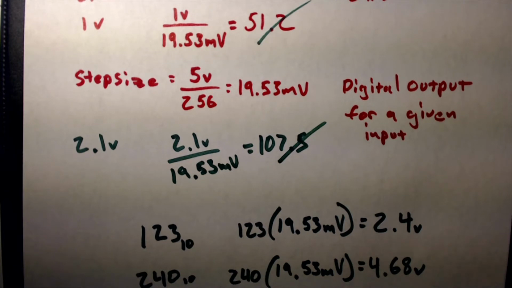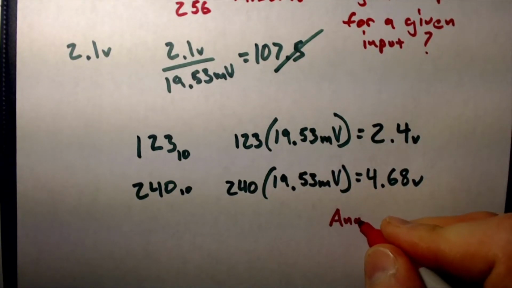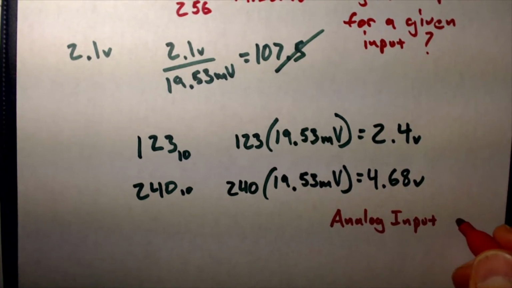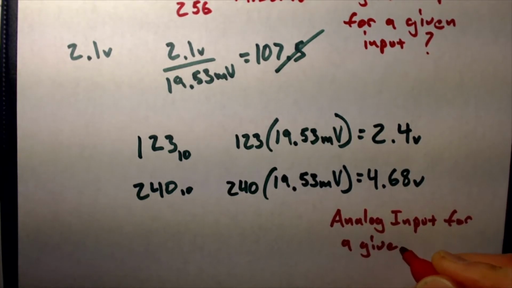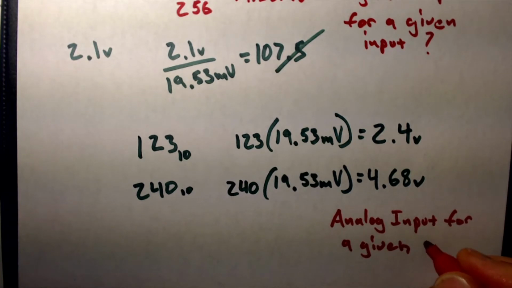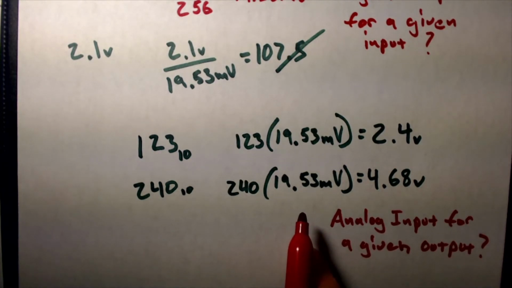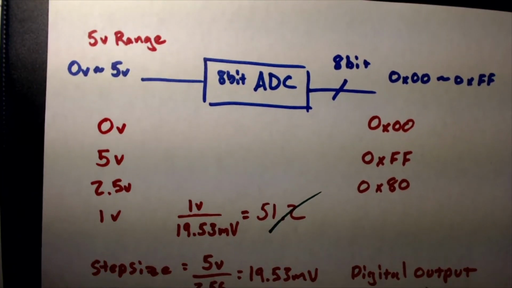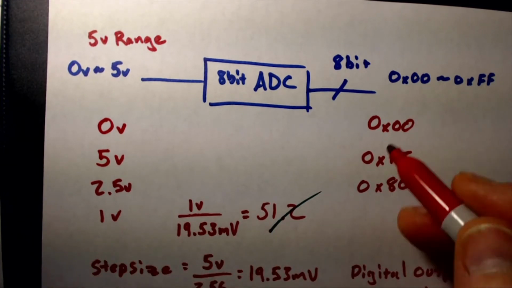And if you want to know the analog input for a given result or a given output, you just multiply by your step size. Okay, so pretty straightforward. And that kind of defines what our input gets mapped to as far as our output.